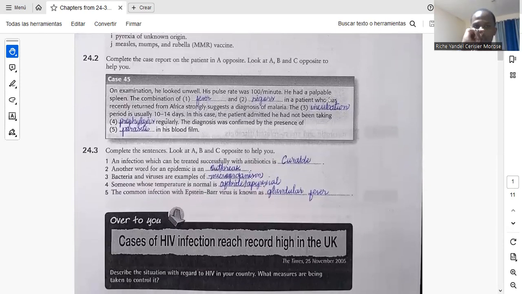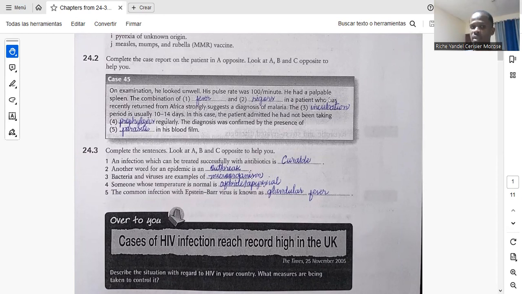Complete the case report on the patient in A opposite. Look at opposite to help you. Case 25. On examination, he looked unwell. His pulse rate was 100 per minute. He had a palpable spleen. The combination of fever and rigors in a patient who has recently returned from Africa strongly suggests a diagnosis of malaria.